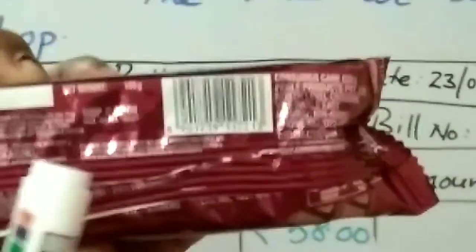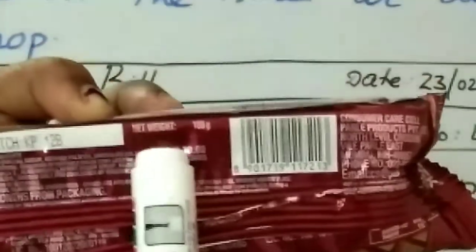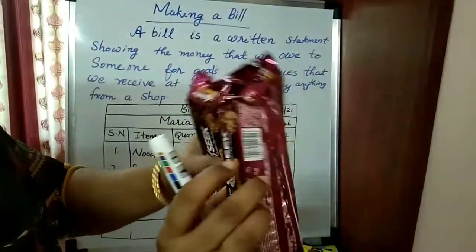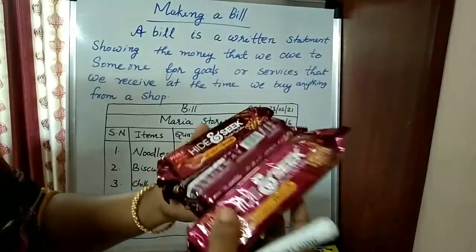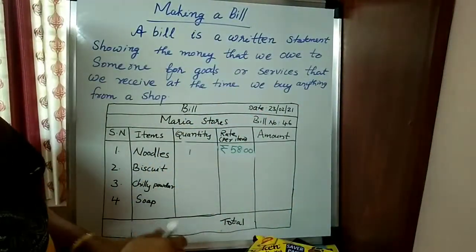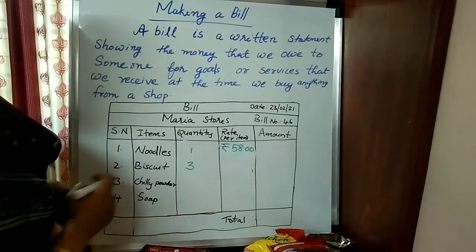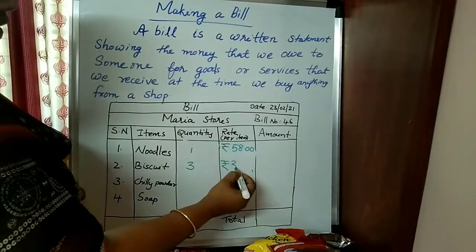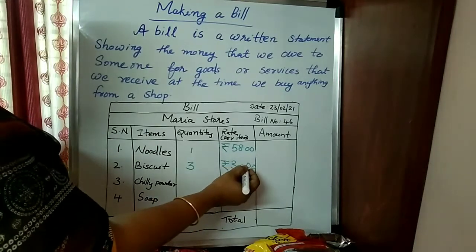This is the cost of this packet of biscuit. That means rupees 30. How many packets are there? 3. So under quantity, here you write 3 packets of biscuits. Then rate per item, that means cost of each item is rupees 30.